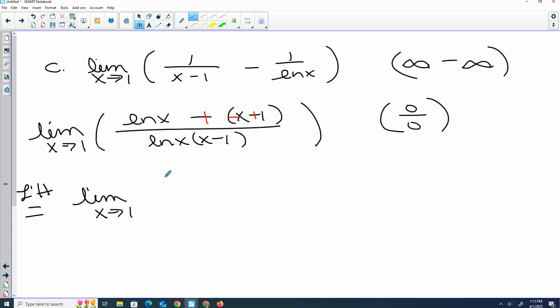Okay, derivative of natural log is 1 over x, minus derivative of x would be 1, derivative of 1 is 0, so that's gone. Down here, product rule, derivative of the first times the second plus the first times derivative of the second. Derivative of natural log x is 1 over x. Derivative of the second is 1.